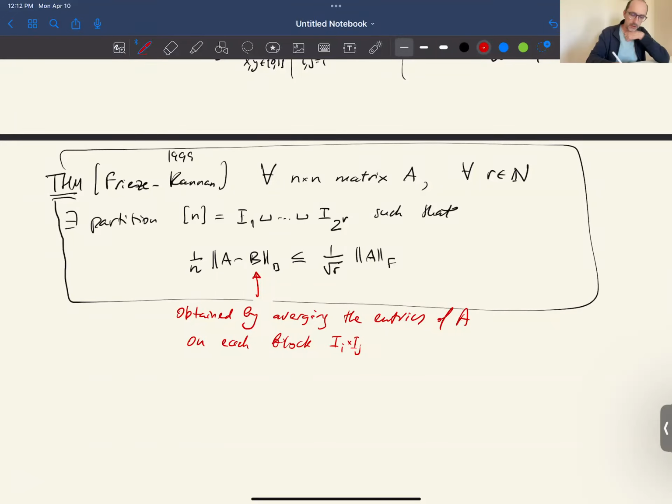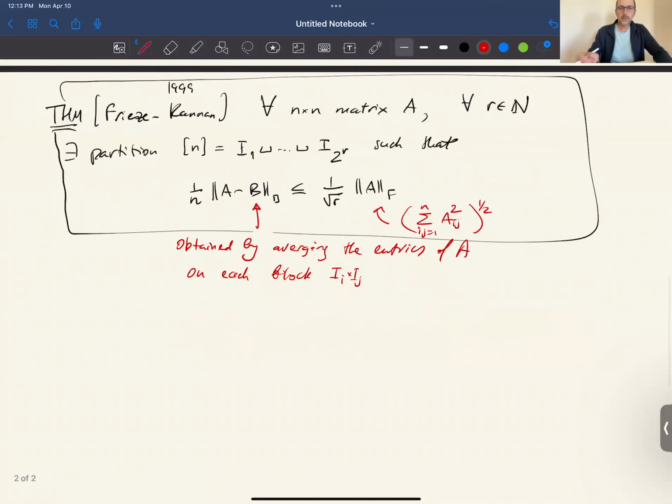Well, Frobenius is the Hilbert-Schmidt norm. You sum everything a_ij squared like this, and then you take the square root. That result is also very important, and there's a million different versions of it, and we'll see one more version in this talk. Before you go on, any other questions? Everything is good?